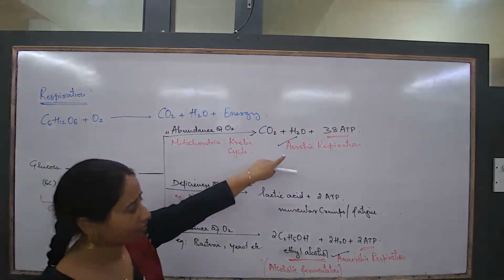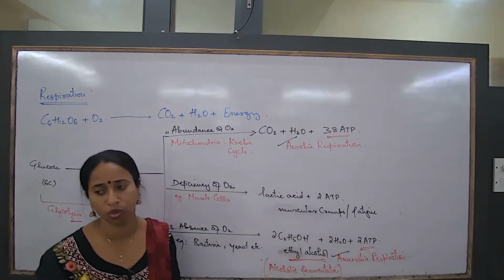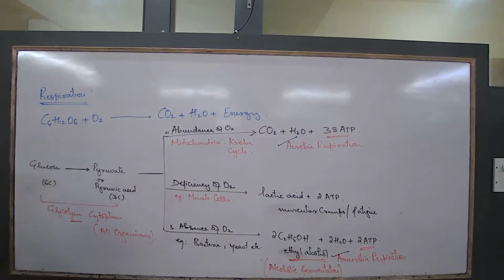Now we will write the difference between these two. Take down in your notebook. Make a table, difference between, put the heading, respiration. Now this question, as it is, you get for 3 marks in your paper. Explain the pathways of glucose breakdown.